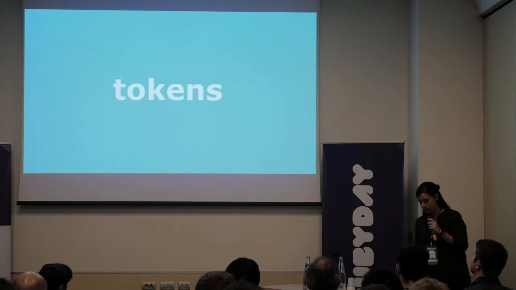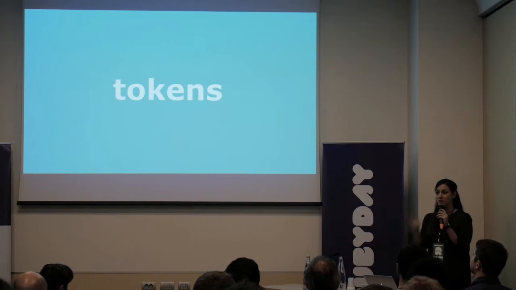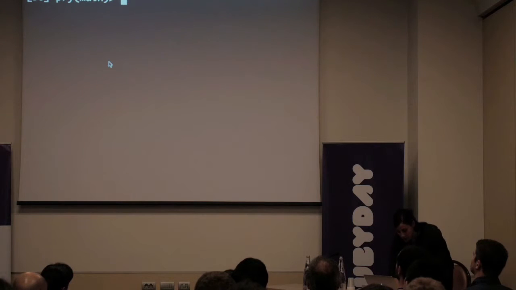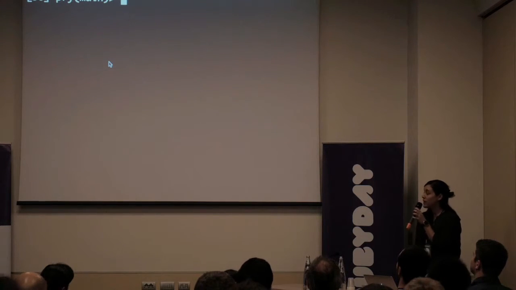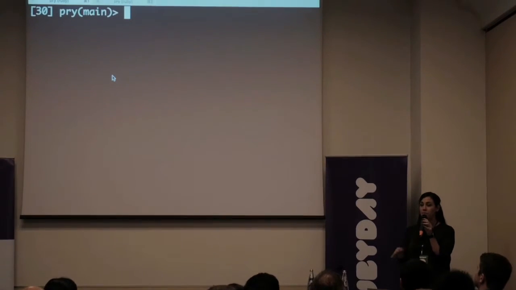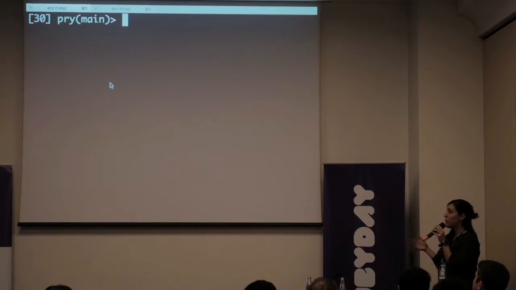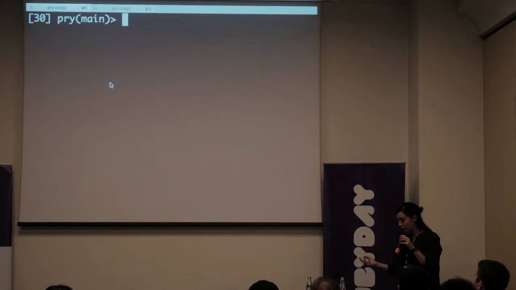So first, this is turned into tokens. Bear with me, because I'm going to have to go back and forth between typing. We can actually use the Ruby library Ripper to go over a script and display what is happening when we are compiling Ruby code and interpreting it.